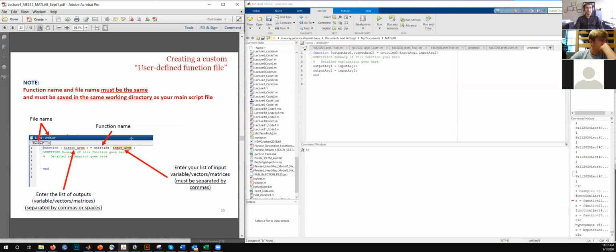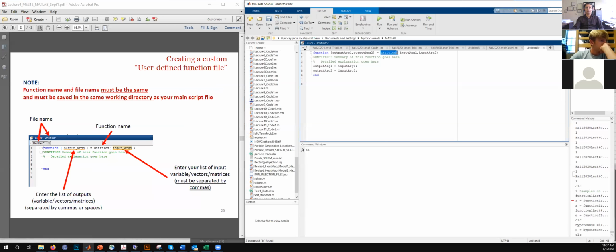Now this untitled should be the name of the code that you are going to save. Suppose I type it as fall 2020 code 2. When you save this, you'll see that this is the name that's going to show up over there. But we'll come to that later when we are ready to save this.